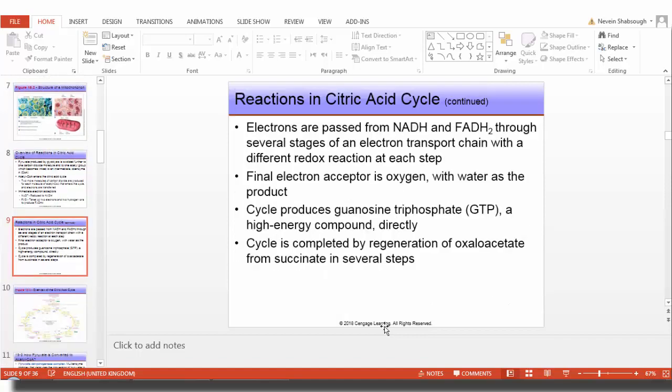So electrons are passed from the reducing equivalents in the form of NADH and FADH2 through several stages of an electron transport chain with a different redox reaction at each step. Now the final electron acceptor is oxygen with water as the product. Now the cycle also produces GTP, a high energy compound, directly, and this is equivalent to ATP. And then the cycle is completed by regeneration of oxaloacetate from succinate steps.